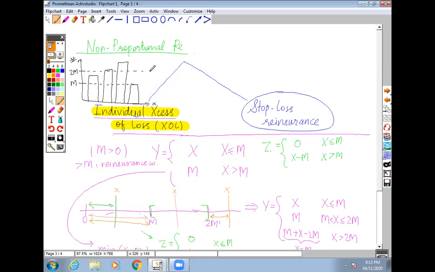I'm not going to pay something higher than 2M. So the insurance company will be paying this, and also this and some bit there. That is what the insurance company will be paying. For the reinsurance company, it will be this part and this part right there. Does this make sense?